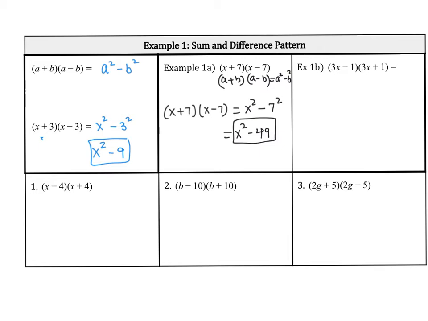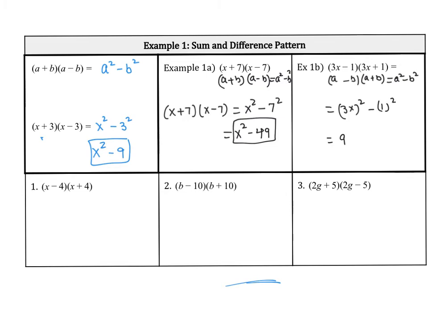Similarly, if you compare this one, this one is a, this one is b, this one is a, this one is b, the formula is a square minus b square. So your answer should be a square, which is 3x square, and b, which is 1, so it's going to be 1 square.